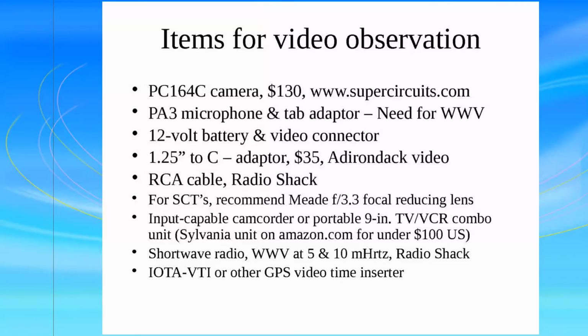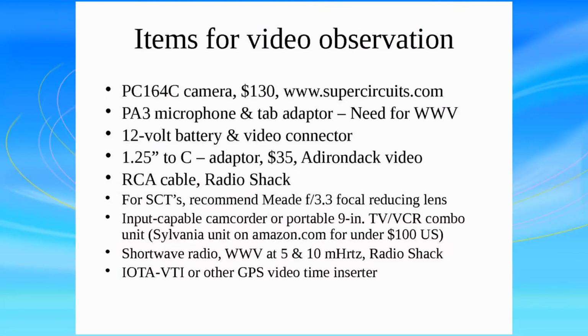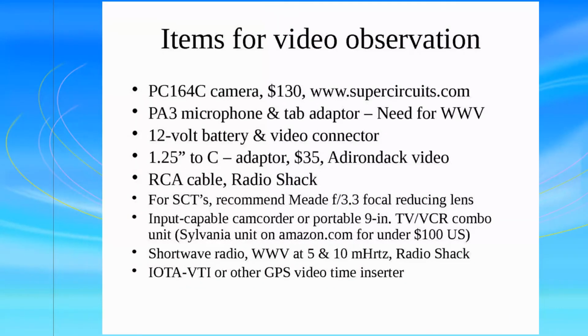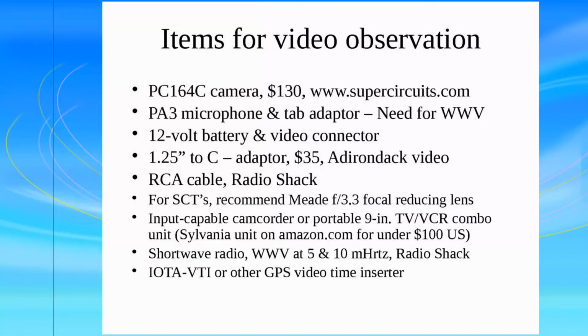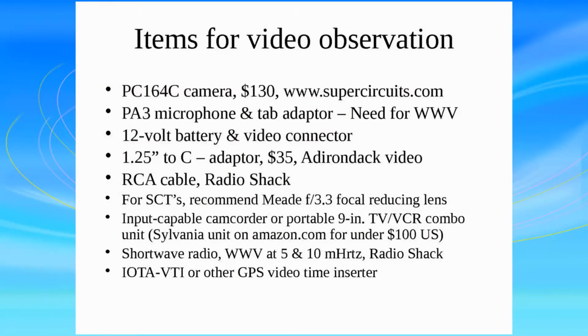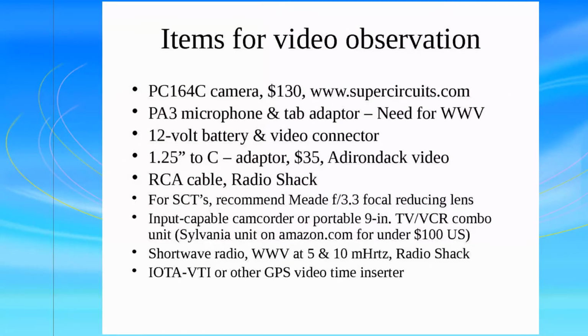You can use them, and I have some examples, but if you can get the Canon ZR camcorders, which have input capability, there are just certain models that do that, you can still get those on eBay, and they work better. And the best yet, these days, is to go directly into the computer if you're at an observatory or something.